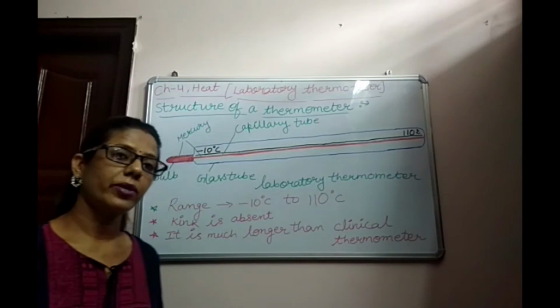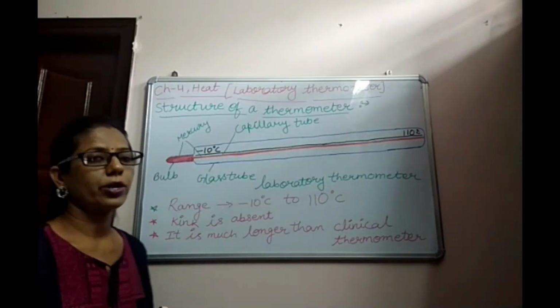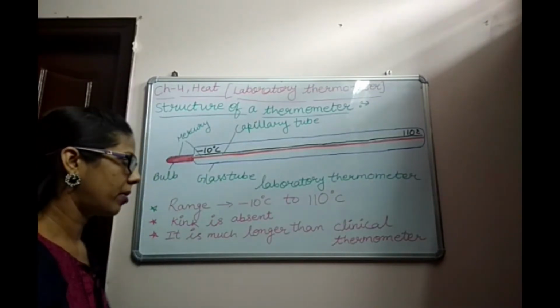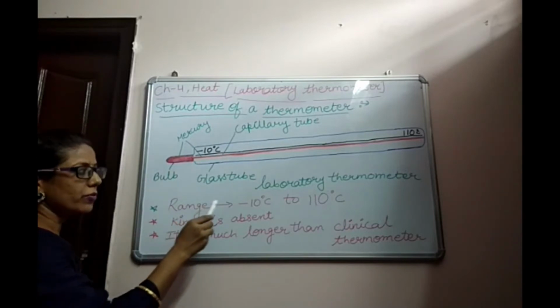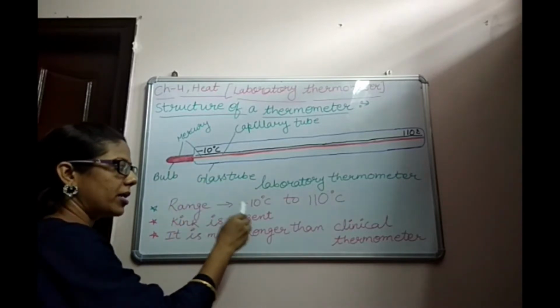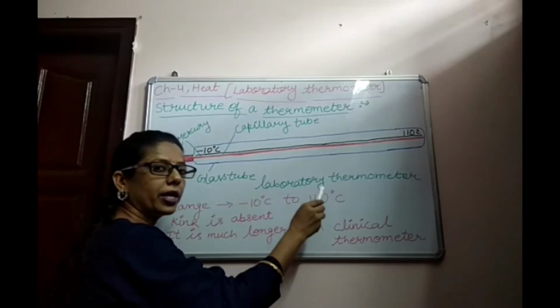But there are some differences in the structure of the laboratory thermometer from the clinical thermometer. First is the range of the laboratory thermometer, that is minus 10 degrees Celsius to 110 degrees Celsius.